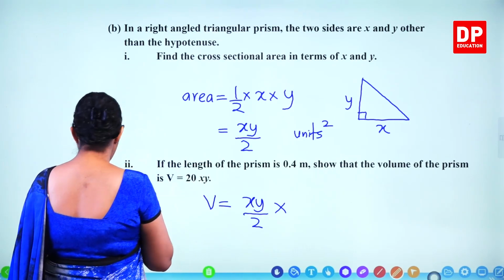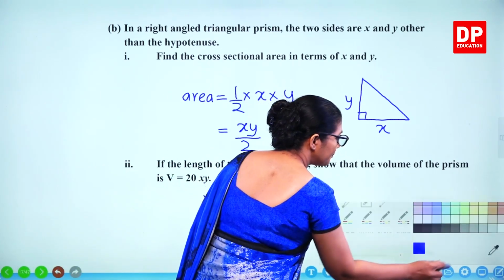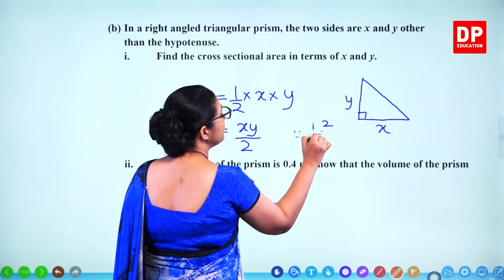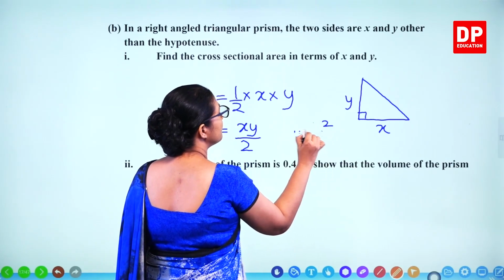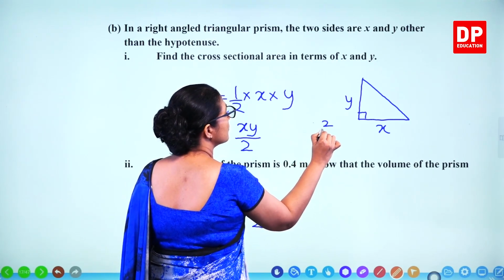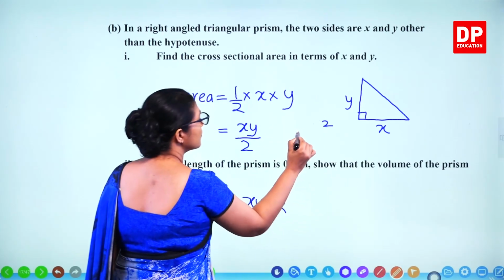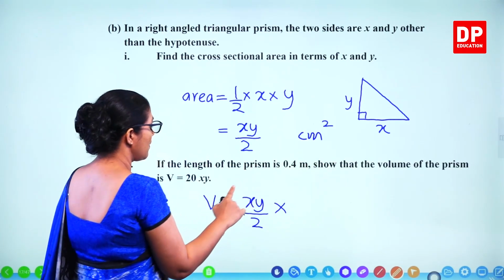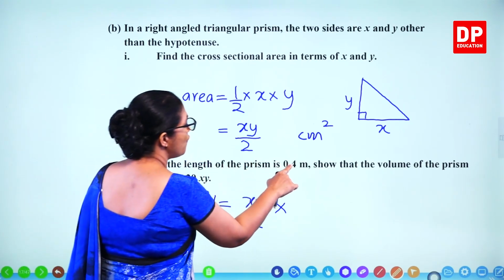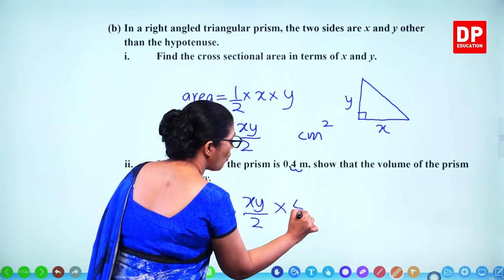To get 20xy, I'll write this one as centimeter squared. Then you have to convert to the same unit. 0.4 multiplied by 100 is 40.